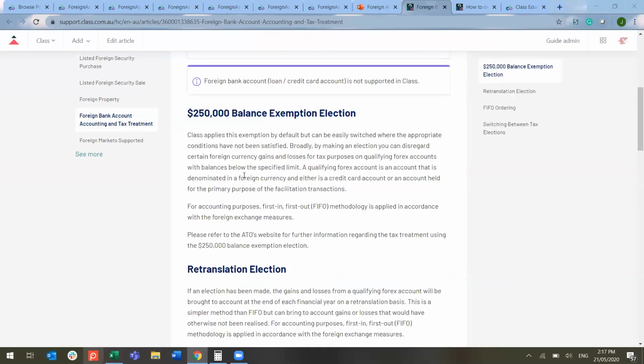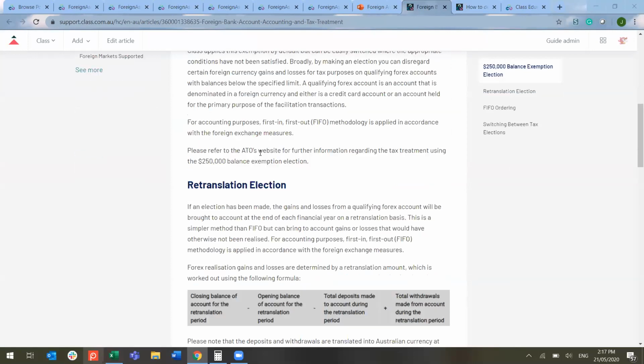So this page will introduce you to the treatment and also the formula of how we do the calculation. But if you have more questions or maybe need a little bit more clarification, please refer to the ATO website. They have really detailed explanations on the 3 methods.